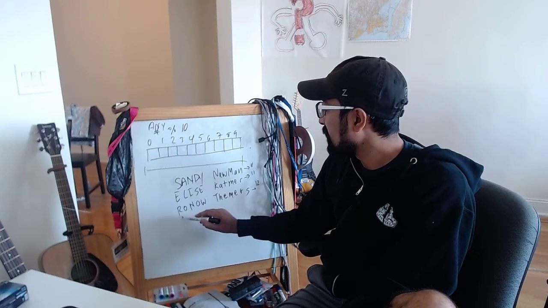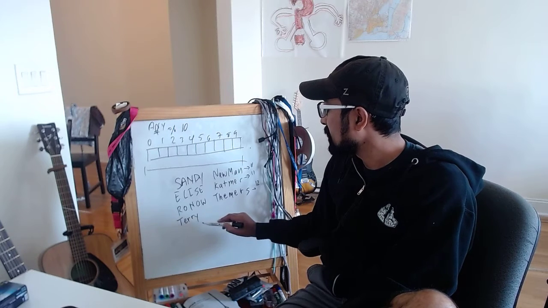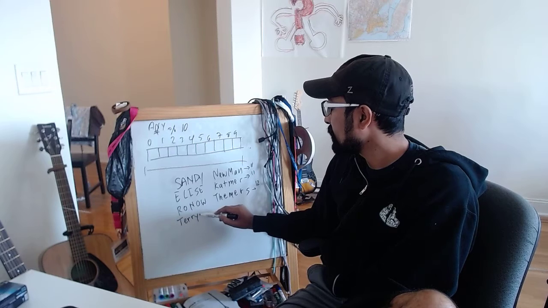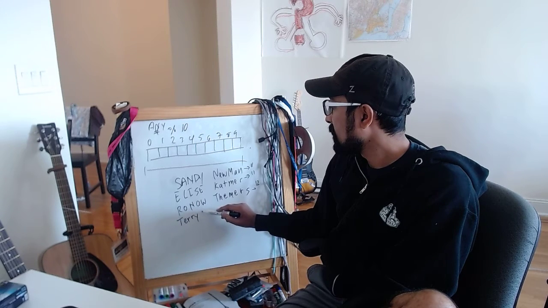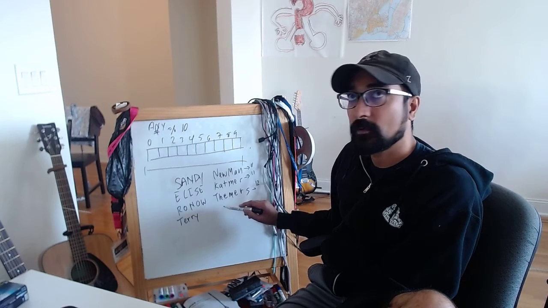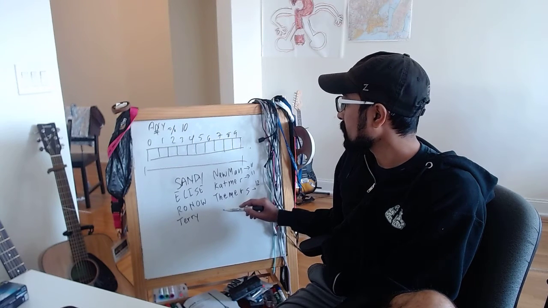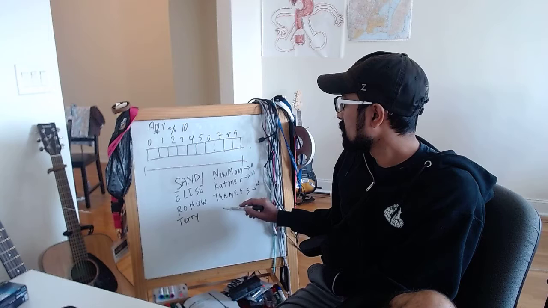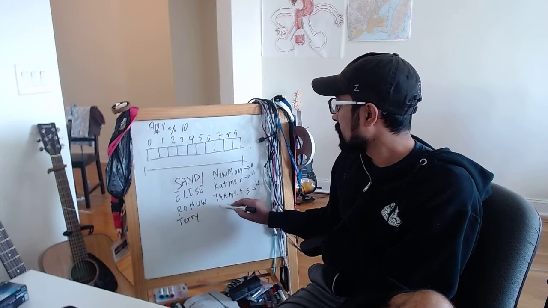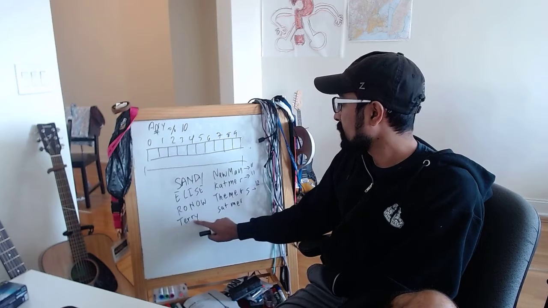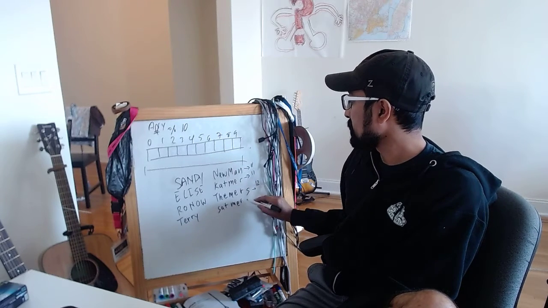And we have Terry, 2, 3, 4, 5. What do we want? We want 11. And we'll do Satmer. 1, 2, 3, 4, 5, 6, 11. Okay, so this is 11.